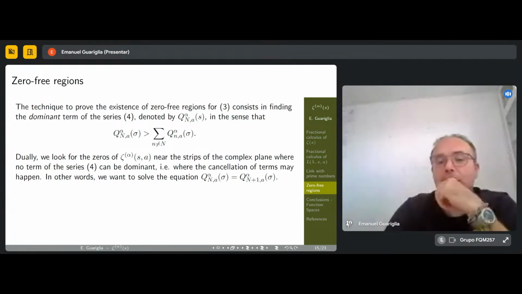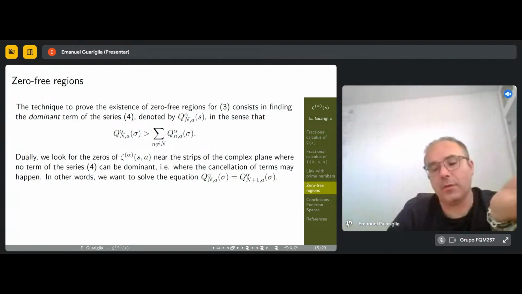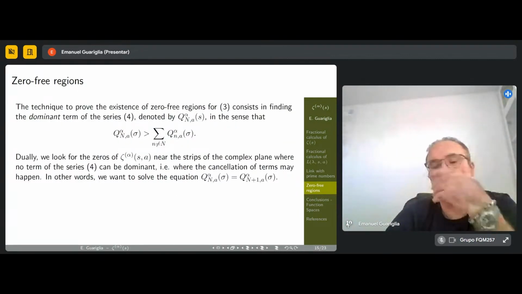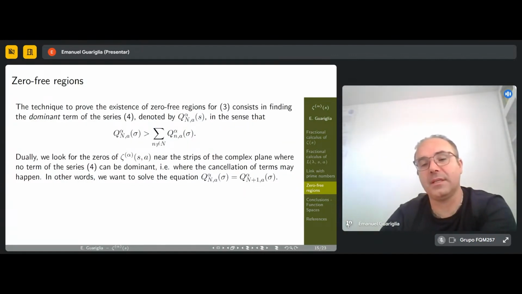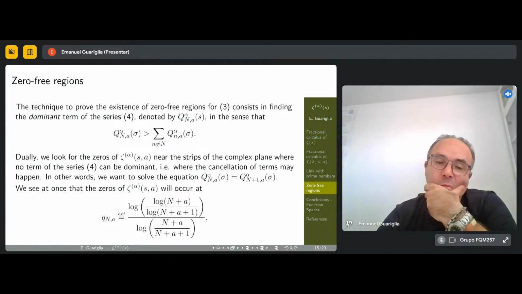Basically, what we want to solve is Q of n equal to Q of n plus 1. For sure, these terms depend on a, because the Hurwitz zeta function depends on a. So in the case of the Riemann zeta function, this term here is Q alpha n 1. So the solution is this Q, and that's quite easy.